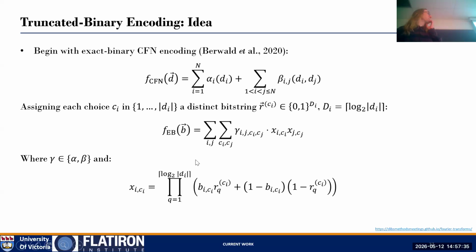And if you have a very randomly structured cost function network, to get good reproduction of the cost function under encoding, you need to include all those terms under random choice of bit string assignment.